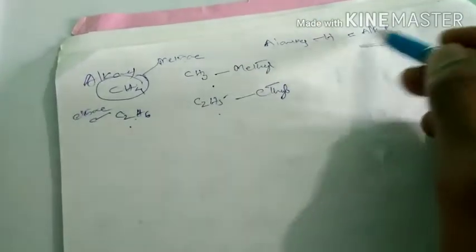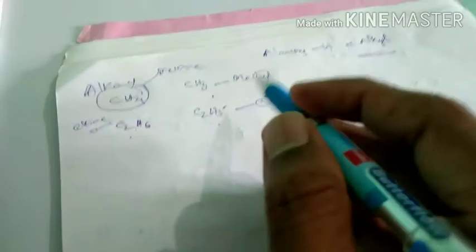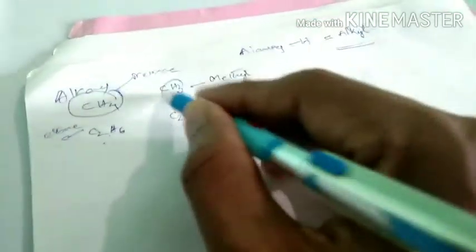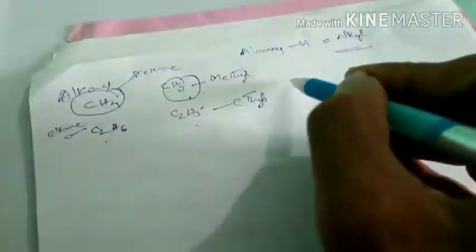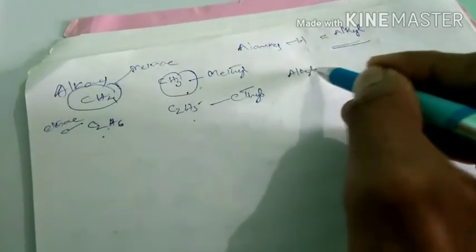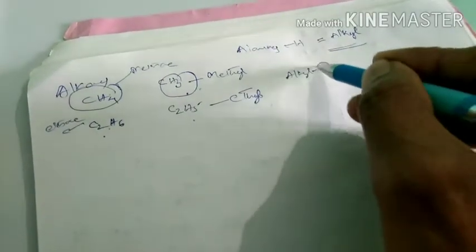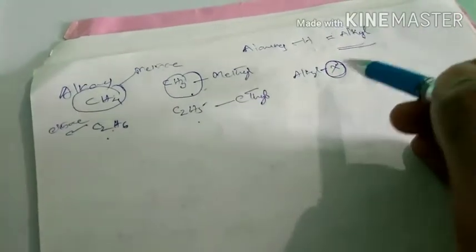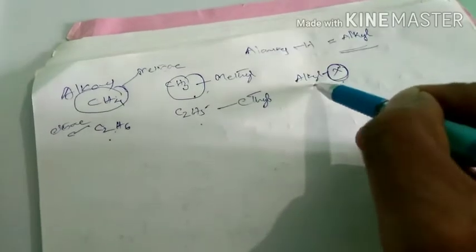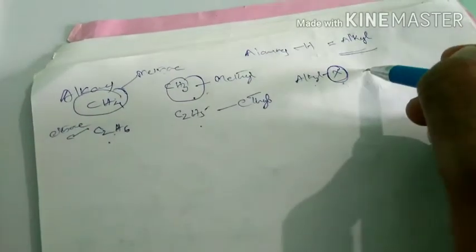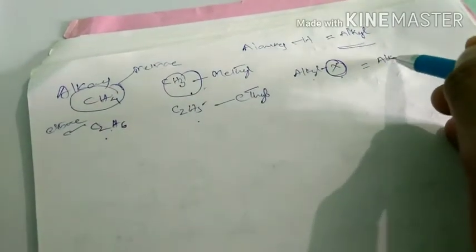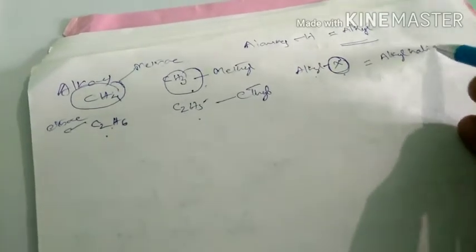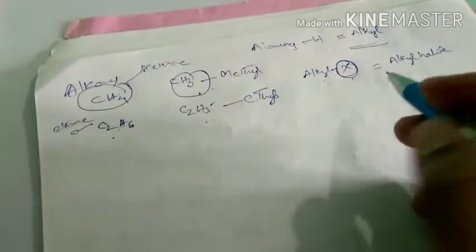Halide means if that alkyl part is attached with halogen, where X represents halogen, either fluorine, chlorine, bromine, or iodine. If that halogen part is attached with the alkyl part, it is considered an alkyl halide. So that is the meaning of alkyl halide.